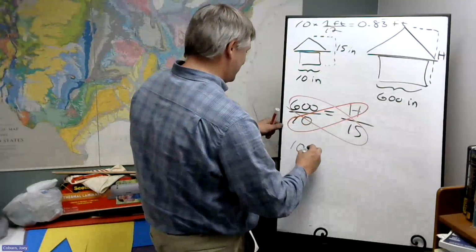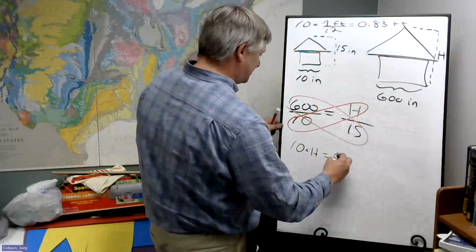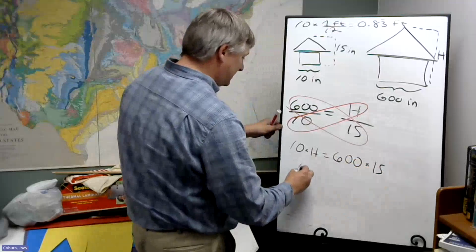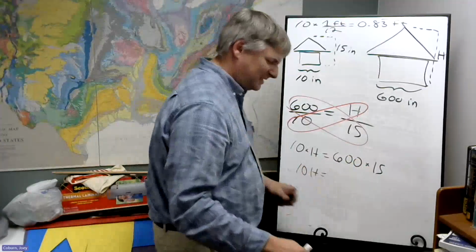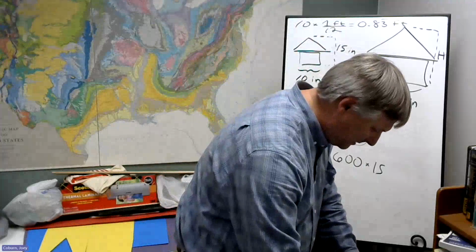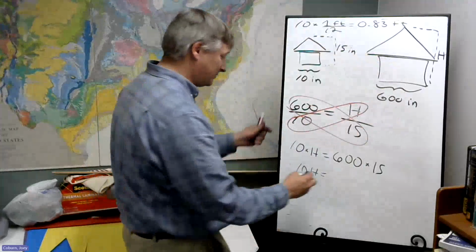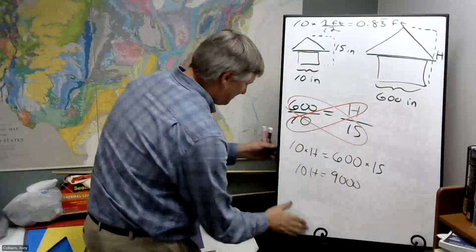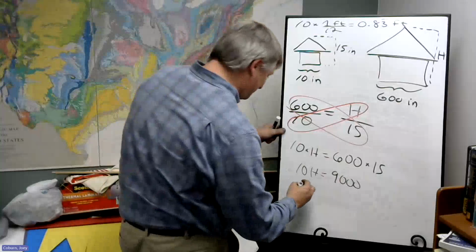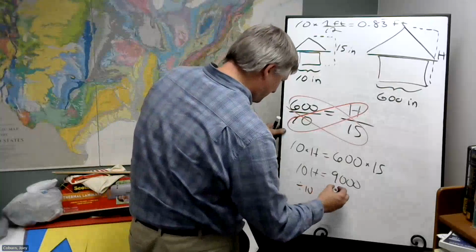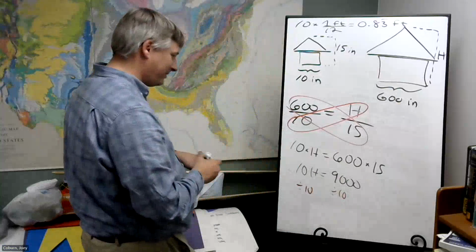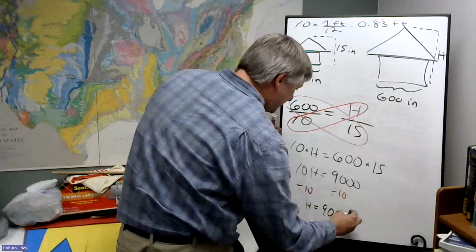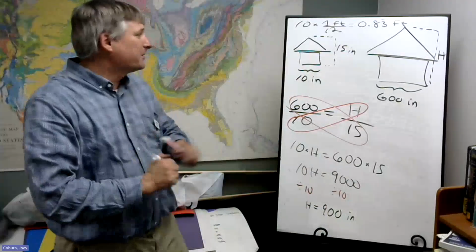So 10 times H equals 600 times 15. Or 10H, 600 times 15, 9,000. Divide both sides by 10. So H is 900, but it's 900 inches because we converted everything.